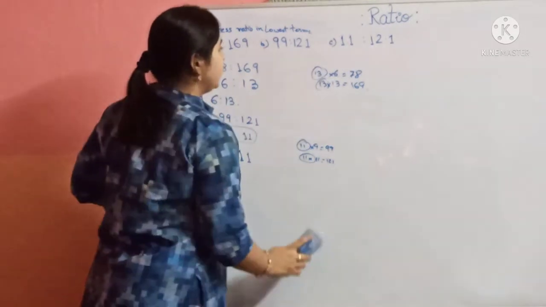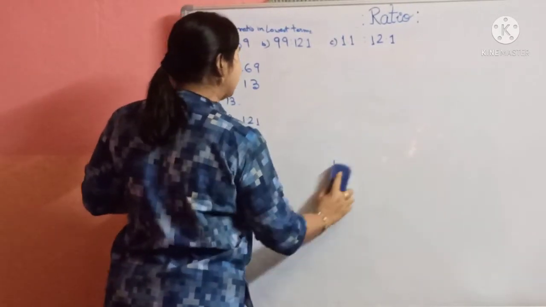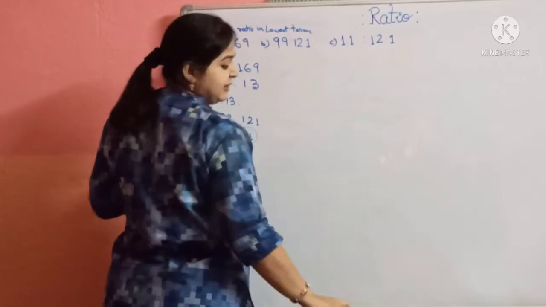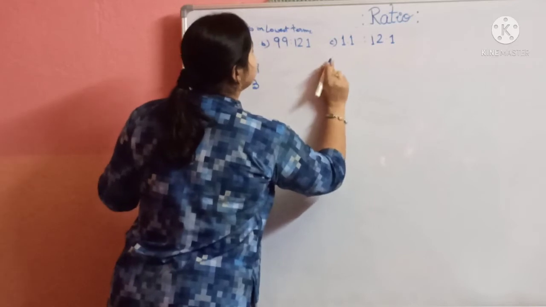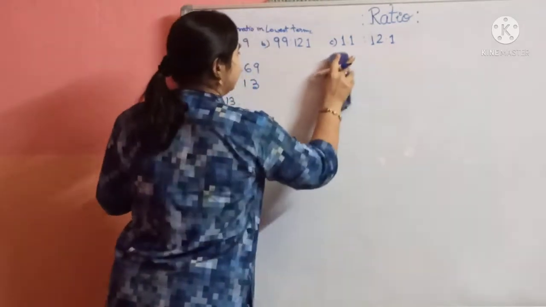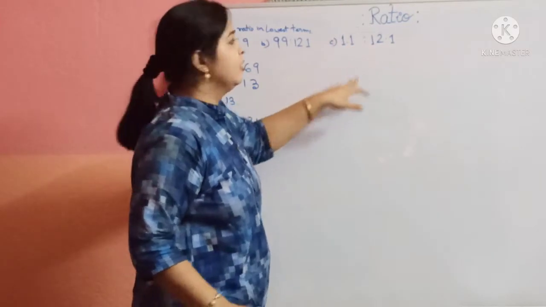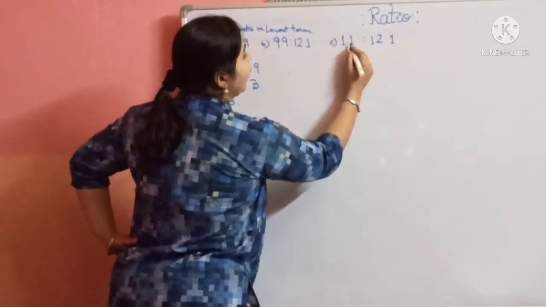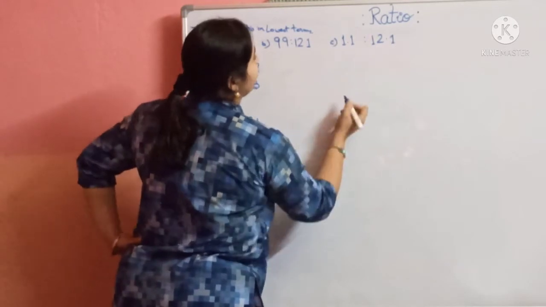Now, along with me, do another one. Here, it's a little bit different. What's the difference? Nothing much. Don't panic. It's so easy. Here it's given only in decimals, 1.1 is to 12.1.